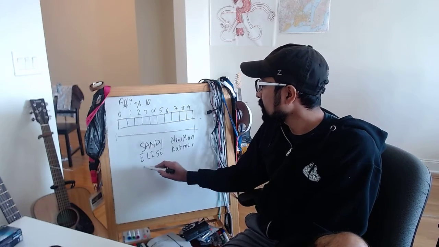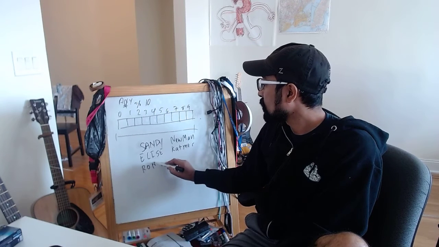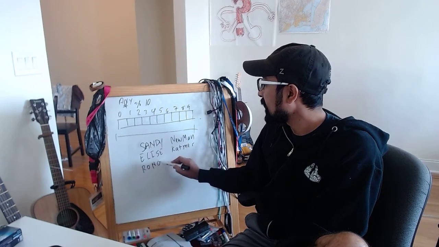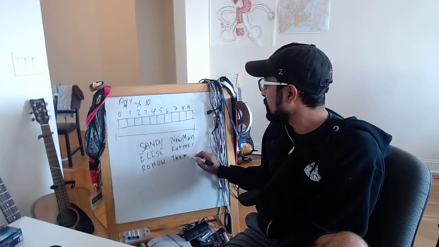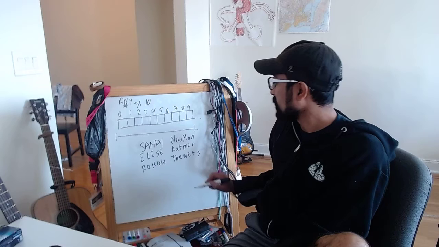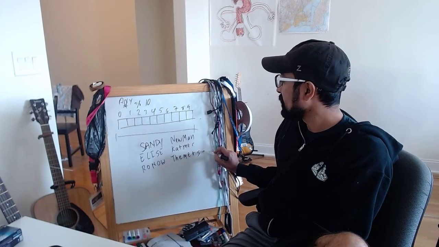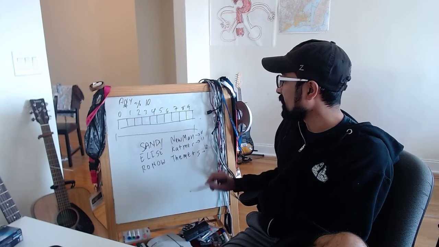Okay, and let's say we also have Ronau Themers. Okay, so Ronau Themers is 12. This is 11. This is 11.